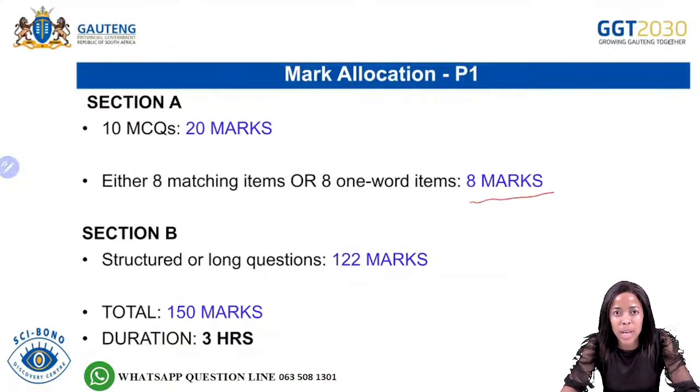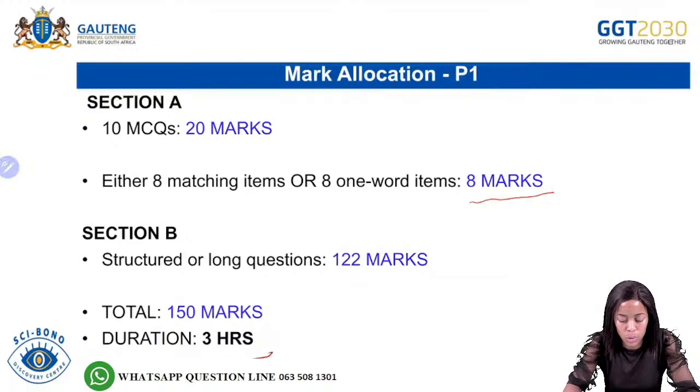Then you are going to have your section B, which consists of structured or long questions, and it has a total of 122 marks. Then the total for paper 1 will be 150 marks with a duration of 3 hours.